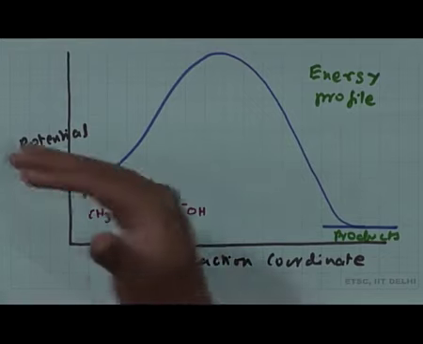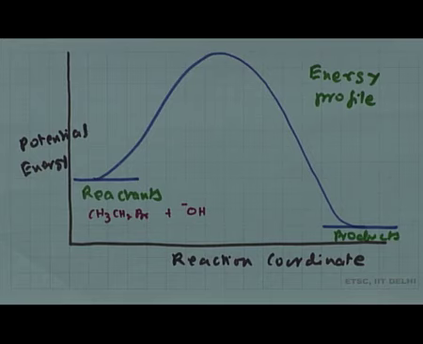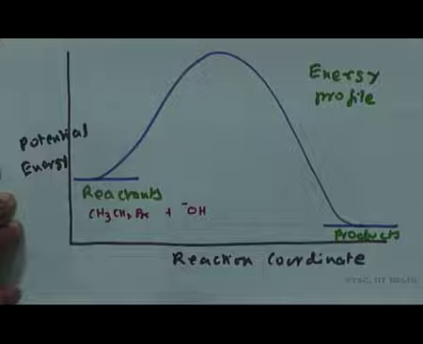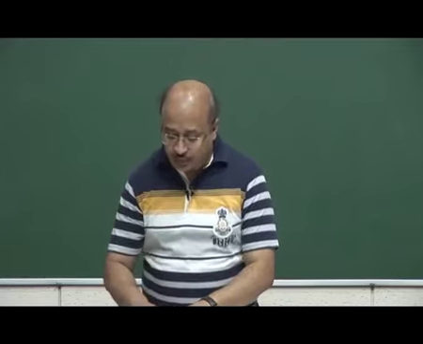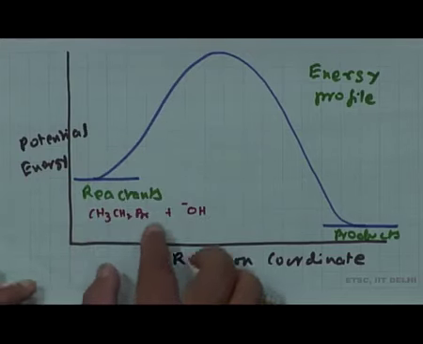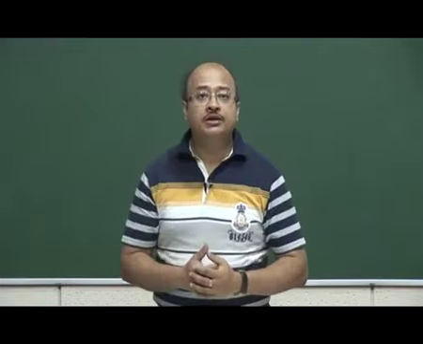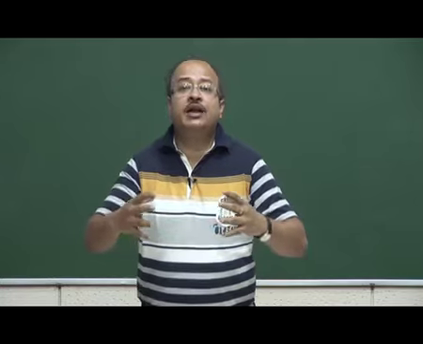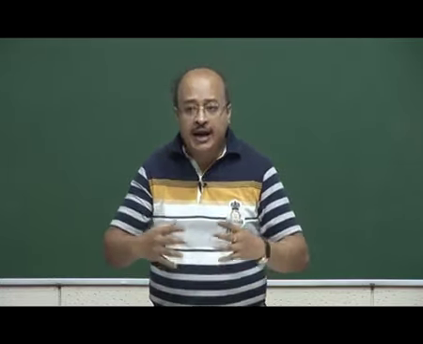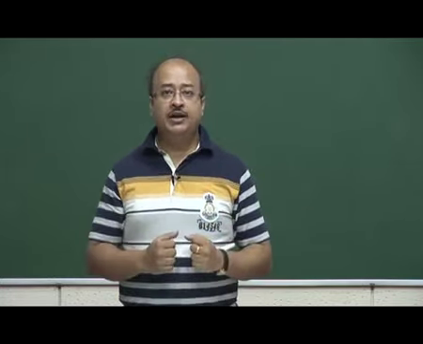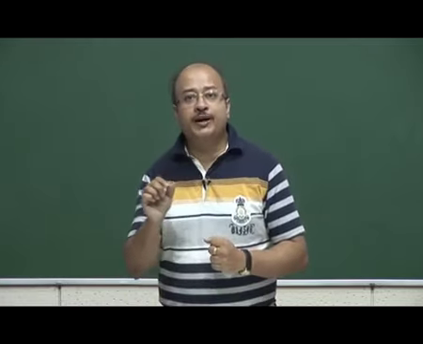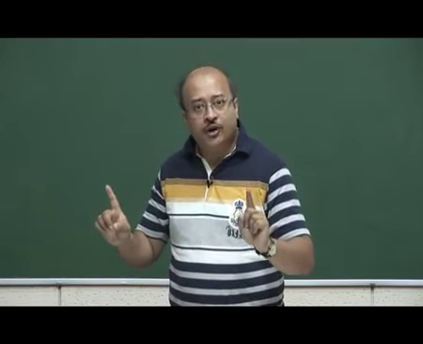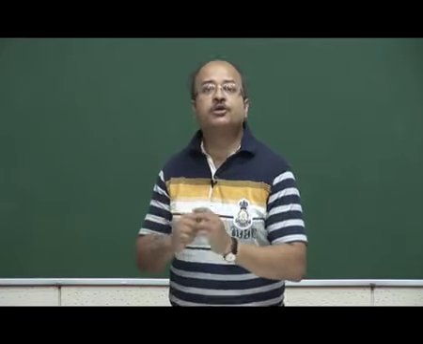Because you have moved from a stable species and bond breaking and bond making is taking place, the potential energy is slowly increasing. Why? Because now your bonds have become distorted. The C-Br bond before breaking becomes distorted, it increases in length and finally snaps. Then the C-OH bond, which was initially not there, forms and slowly comes close.